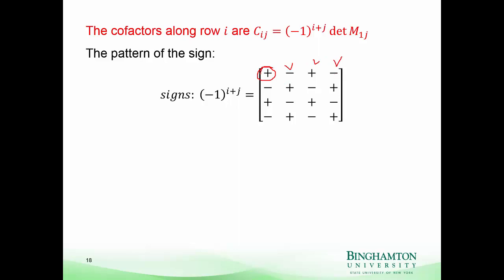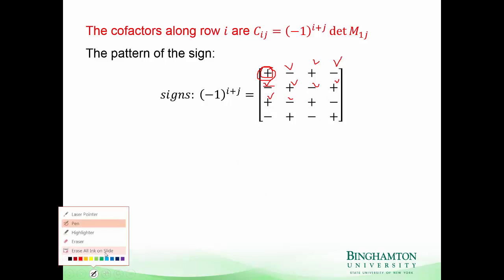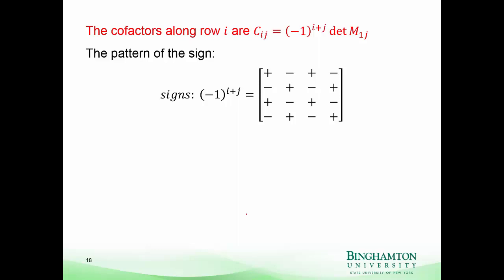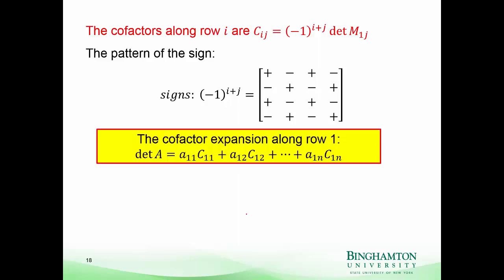You alternate from plus here to minus, then plus, minus, plus, and then I had a minus here, so I go plus, minus, plus. So you never have, either going across a row or down a column, two same signs in a row. So they always alternate. So you get this checkerboard that looks like that. And so now you just use these signs to apply to the determinants of these.